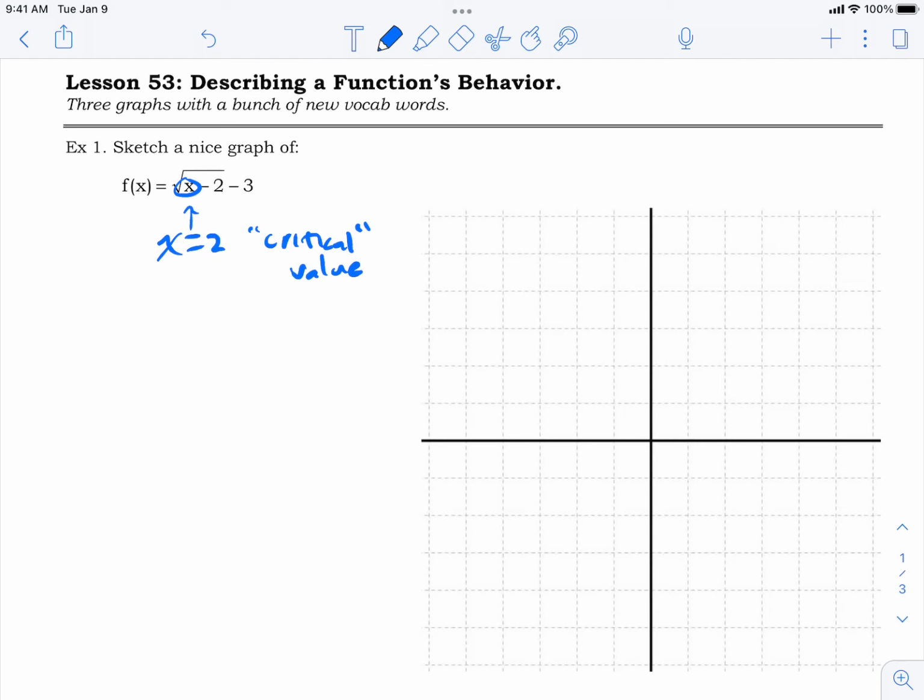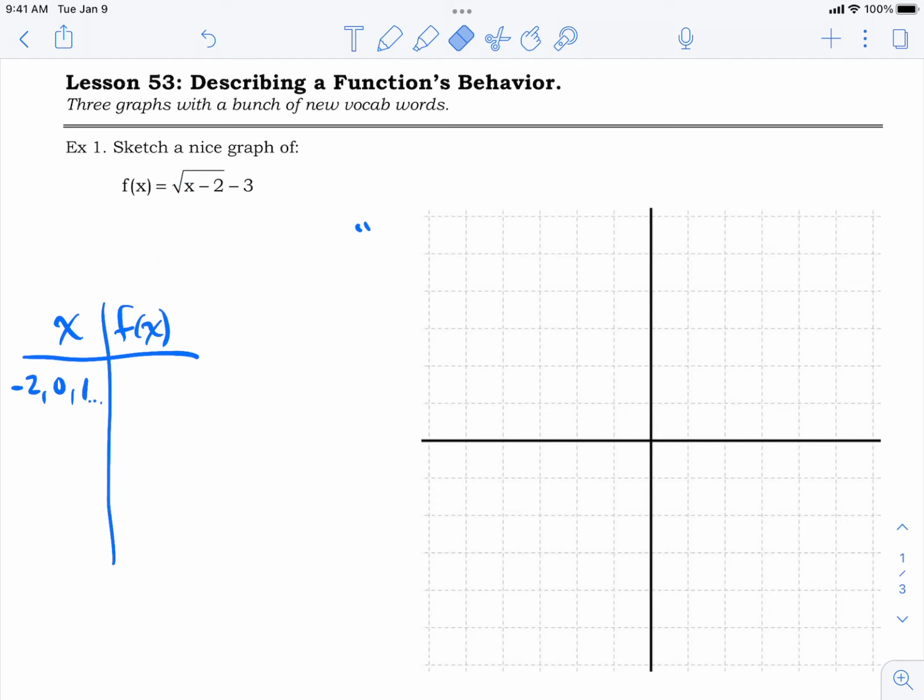root. In fact, if you were to make an xy table, or let's be nice, an f of x table, anything that you plug in that's less than 2, like how about a -2 or even a 0 or even a 1, etc., let's say I did plug in a -2. -2 minus 2 is going to be a -4 in there, and we're not going to make imaginary number, complex number graphs.